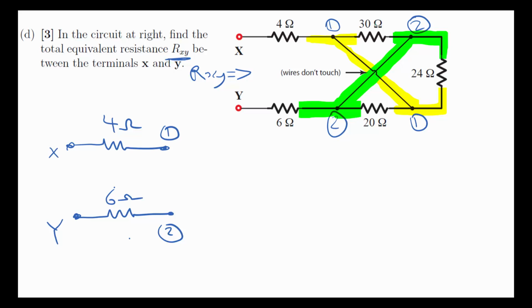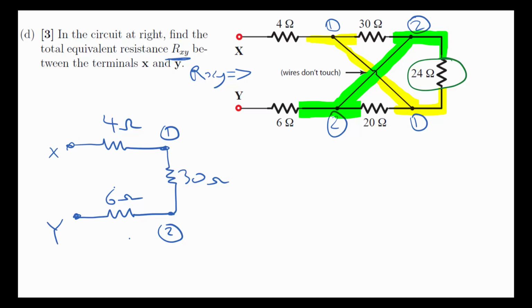Let's look at the 30 ohm resistor, and we see that it's connected between node 1 and node 2. So we can connect a 30 ohm resistor between node 1 and node 2. Let us go now to the 24 ohm resistor, and we see that it's connected between node 2 and node 1.